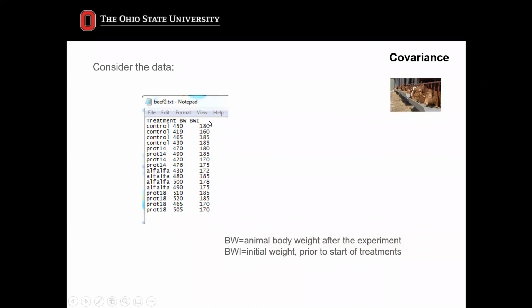If we were to average the 4 initial starting weights, each treatment would have the identical initial starting weight, 177.5 kilograms on average, but for each experimental unit there is a slight difference in the weight across the experimental units.